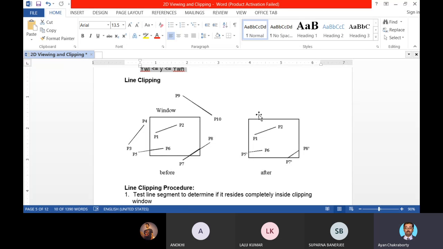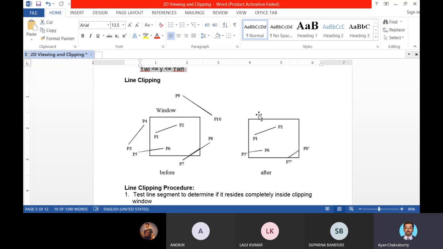So it will be completely visible to the viewer. And some lines like P5, P6 and P7, P8, like these two straight lines, have some portion inside the window and another portion outside this frame.